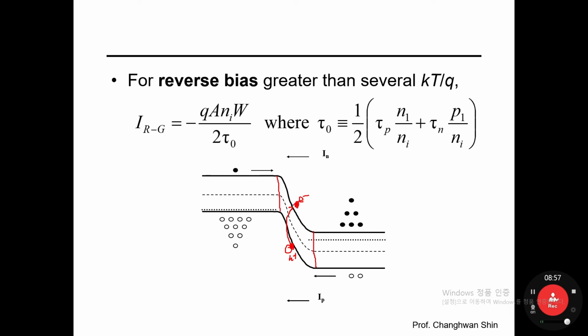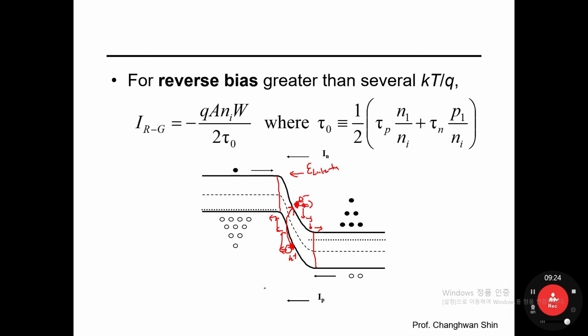Once these electron hole pairs happen, because of the built-in electric field, the electron can be swept into the N side, and hole can be swept or drifted toward the P side. And then this electron would move like that, and this hole would move upward like a water bubble.